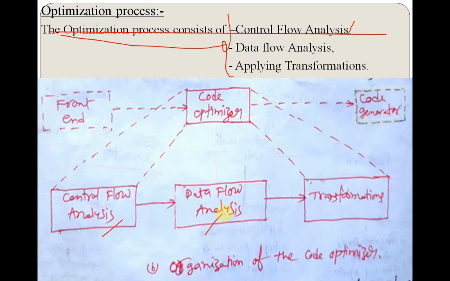From the properties calculated in the control flow analysis as well as data flow analysis, determine the transformations to be applied. Transformations means simplifications to be applied on the program code, and apply them accordingly so that the code can be simplified to produce efficient code. So this is called optimization process.